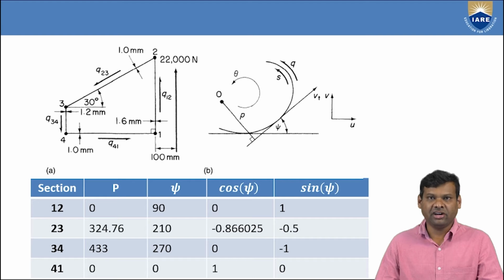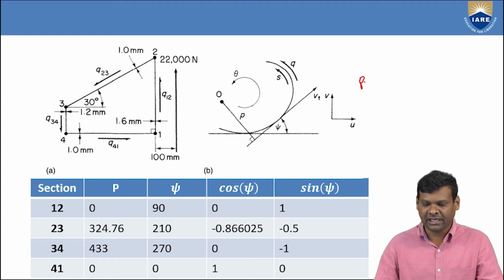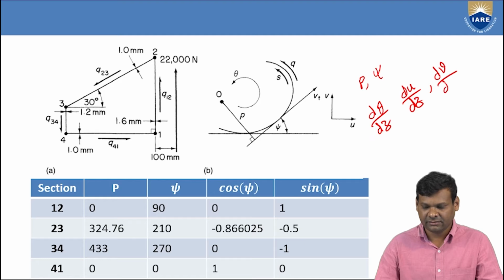Now, in order to understand this problem properly, we have already discussed that p and phi are geometry dependent, and what we need to know are d theta by dz, du by dz and dv by dz.